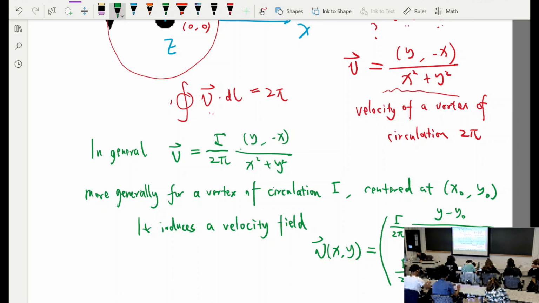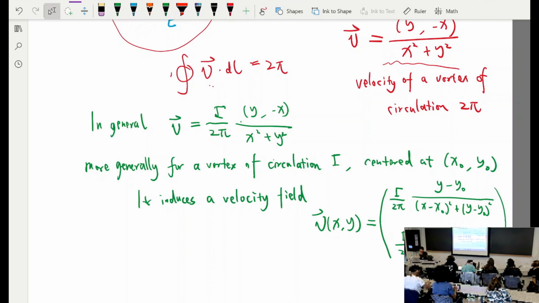And again, the denominator is x minus x0 squared plus y minus y0 squared. So that's the most general form of the velocity induced by an infinitely long vortex aligned in the z-axis. All right. Any questions on this?